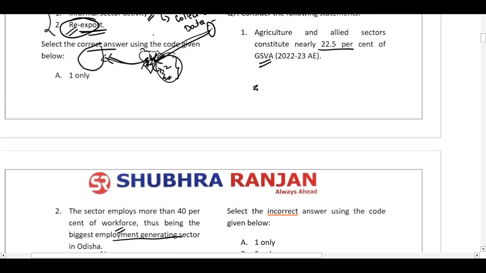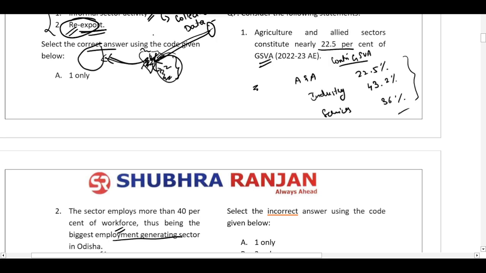In Odisha, the majority of the people are still dependent on agriculture. If you look at the breakup from the economic survey, the agriculture and allied sector's contribution to GSVA is around 22.5 percent, the industrial sector contributes around 43.2 percent, and services contribute around 36 percent.